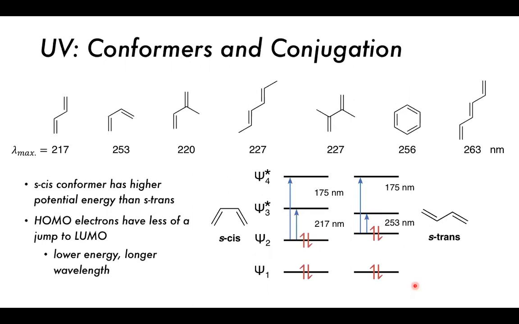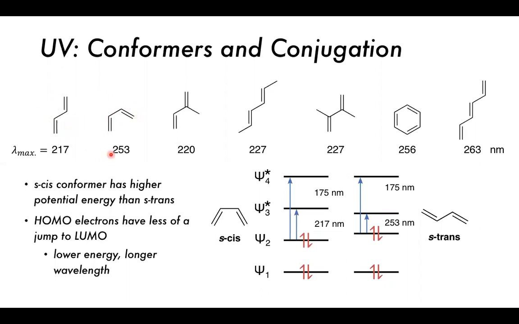So different conformers can also change conjugation effects. Here's the same molecule, our same size of conjugated system, but with different structures. You can see here, this is our buta-1,3-diene. Here is the difference between the trans conformer and the cis conformer.